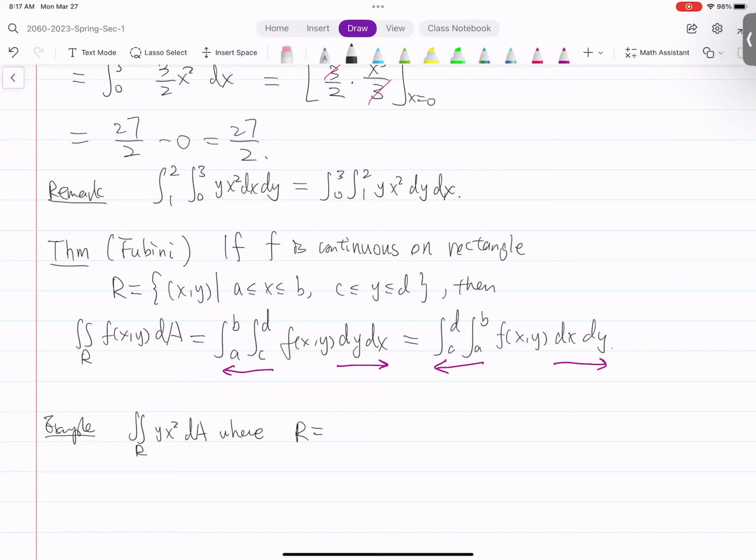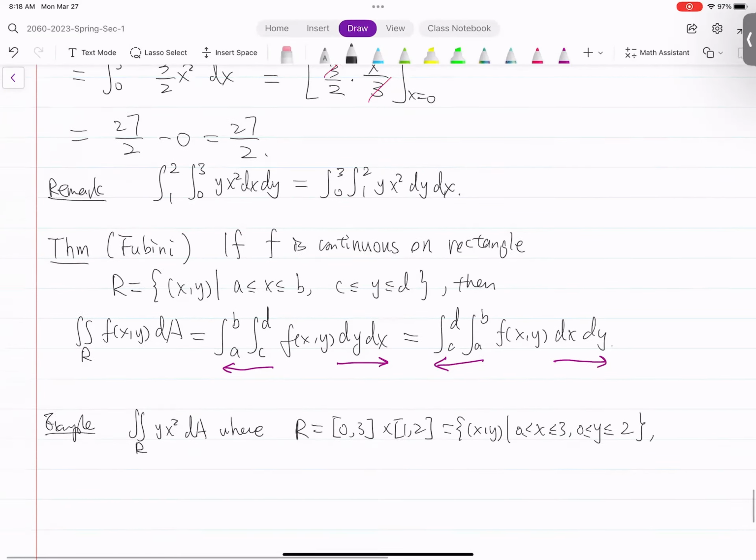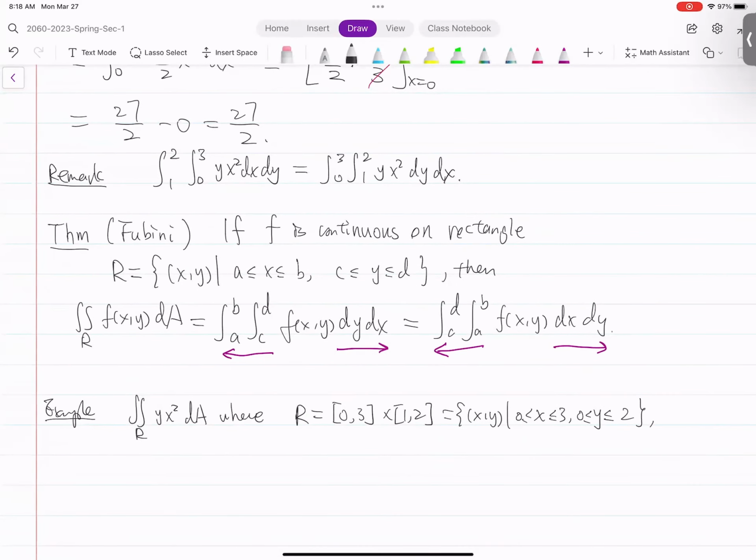Okay? So if your rectangle is 0, 3 cross 1, 2, where x is between 0 and 3, y is between 0 and 2, then according to the theorem above, this double integral over this region R is going to be the same value, 27 over 2.